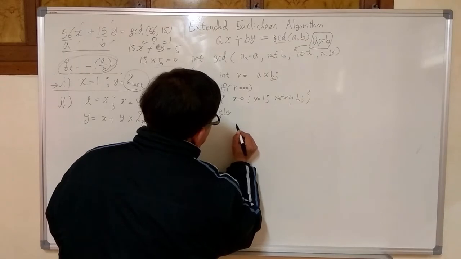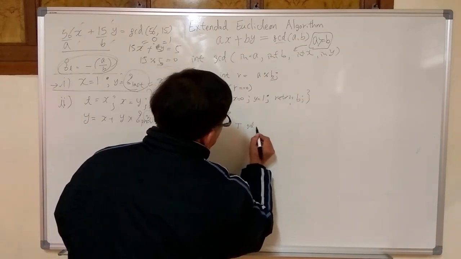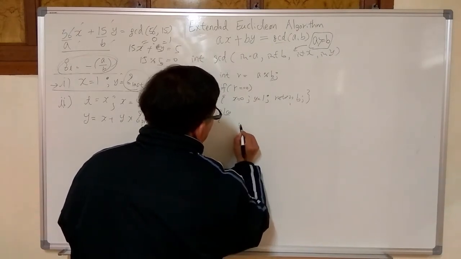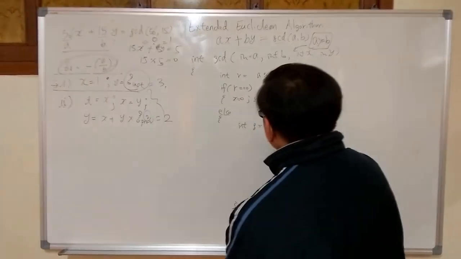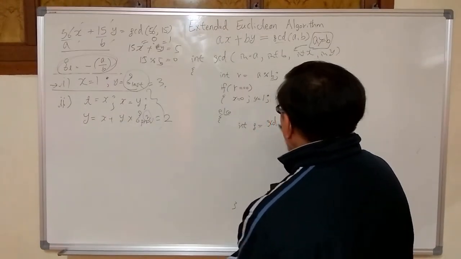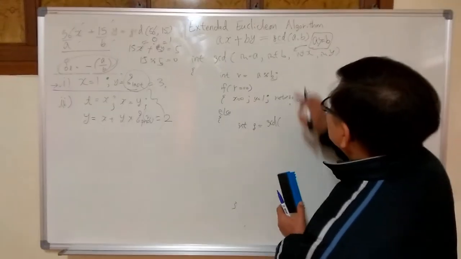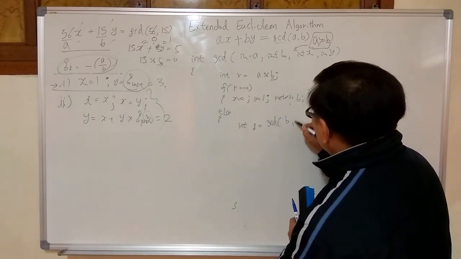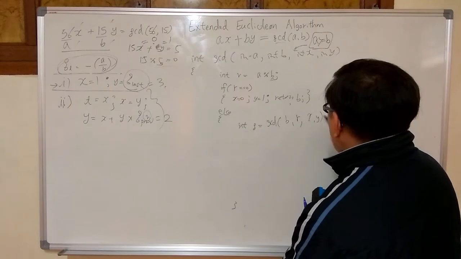I will say int g equals, we are calling this function again, gcd, no, we should call b, right? b, the remainder r, x, y.